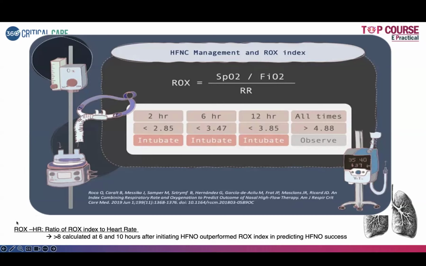So the main important take home is, other than ROX index, you have something called the ROX-HR index. That is the ratio of the ROX index to the heart rate. So that has been found to be superior to the ROX index in predicting HFNO success. And the score more than 8 calculated at 6 and 10 hours after initiating HFNO are the important things to look into.